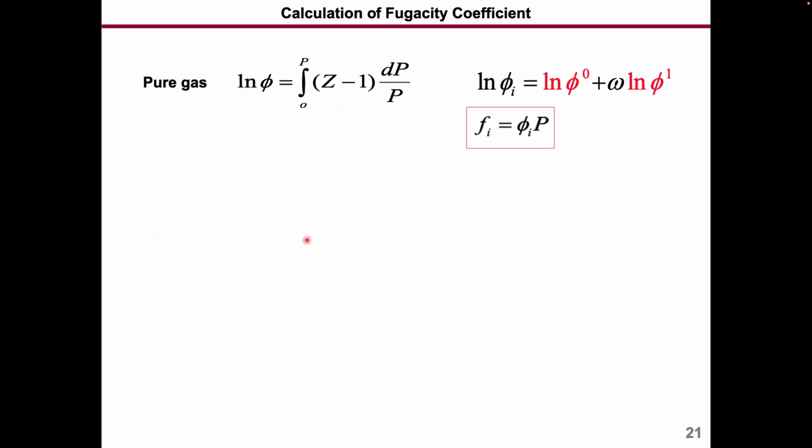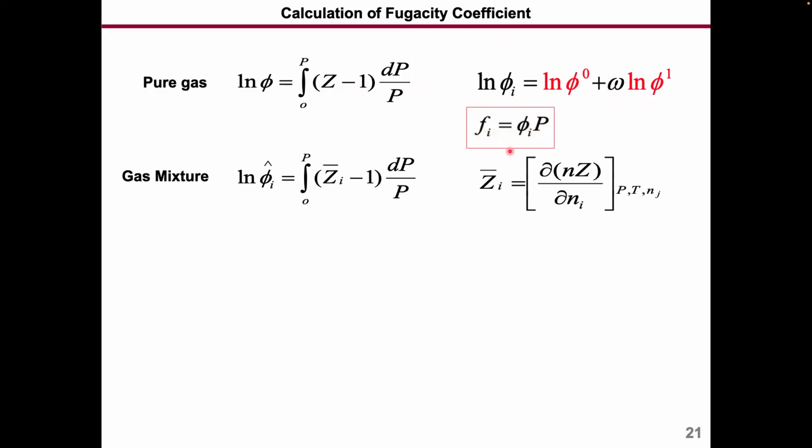Okay, so here, for pure gas, natural log φ is G^R/RT, which from the previous lecture we already know is just the integral from 0 to P of (Z minus 1) dP divided by P. So you can calculate this integral, or because Z is equal to Z0 plus ωZ1, you will have natural log φ0 and natural log φ1. Same thing, you can look these values up in the table, plug in, and calculate natural log φ. Once you calculate φ, you can calculate fi, okay?